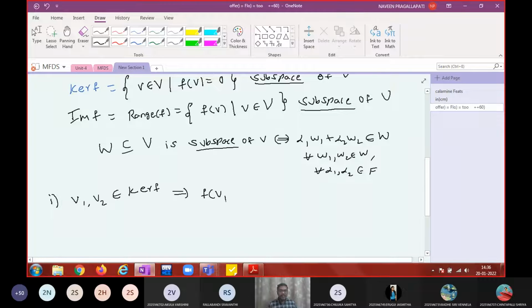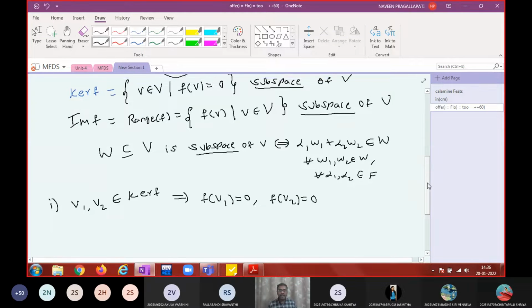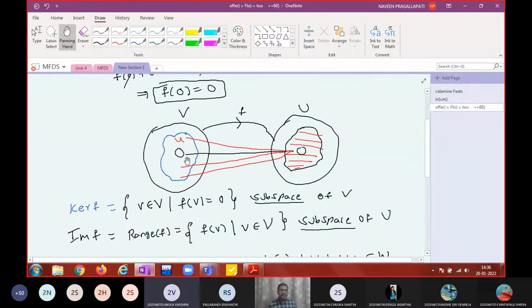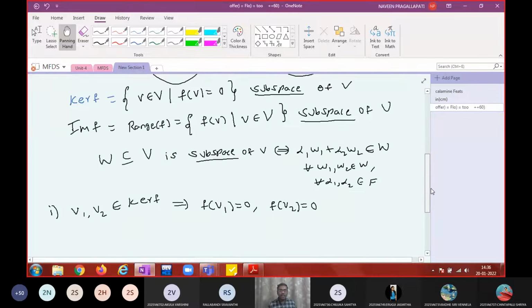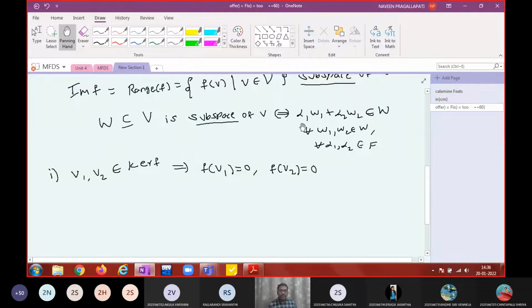Elements of kernel will be mapped to zero element. That is the basic property. Do you agree or not? Any element of the kernel is mapping to null element. So I randomly took two elements. Now I am taking the linear combination. If I can show that the linear combination is also an element of the kernel, my work is over.